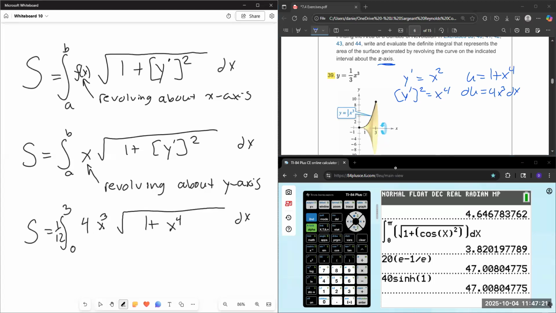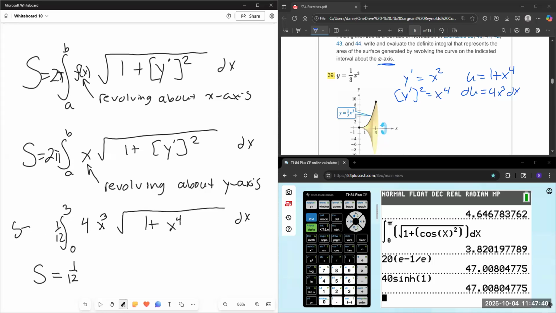If that is there, then S is equal to 1/12. Oh, and I forgot there's also a 2 pi multiplier in front of these. I apologize, because they're based off of the shell method.